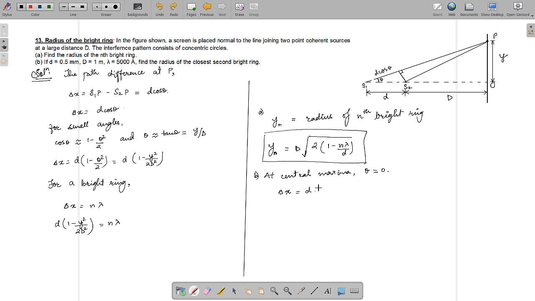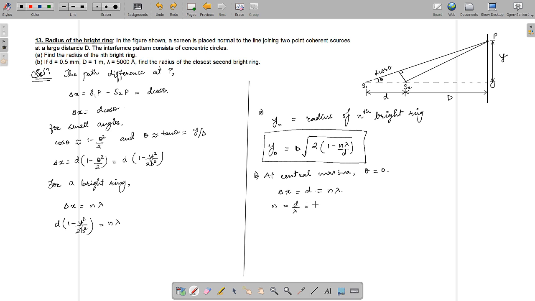Since it is a maxima, it should be equal to n times lambda. So if we want to find the value of n for point O, n is equal to d by lambda for the central maxima itself.